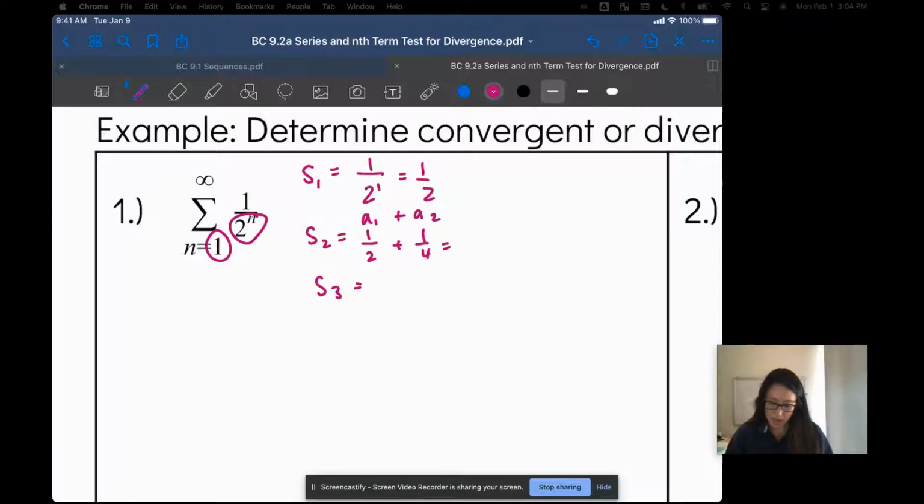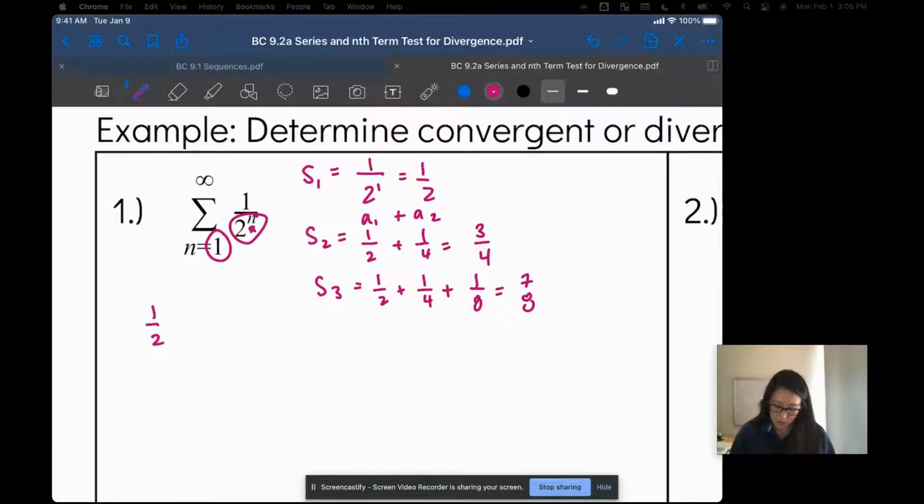So 1/2 plus 1/4 is 3/4. S sub 3 is a sub 1, 1/2, plus a sub 2, which is 1/4, plus, plugging in a 3 for n, 1 over 2 to the third, which is 1/8. This adds to 7/8.